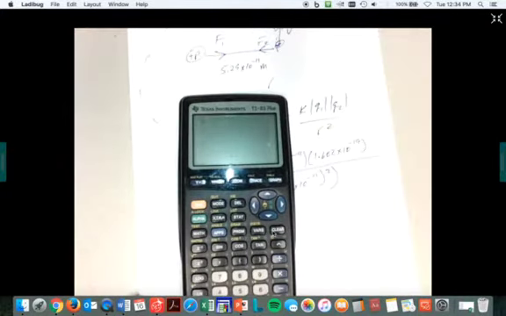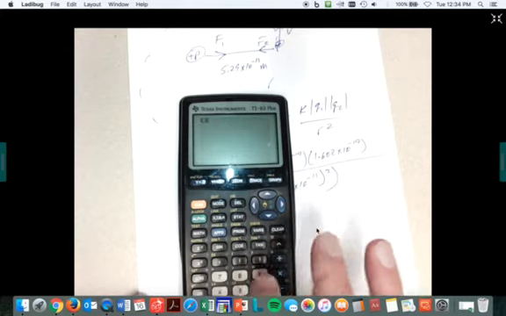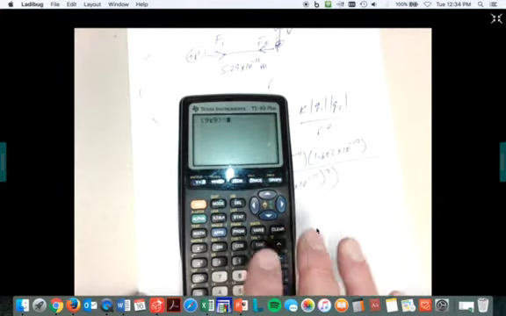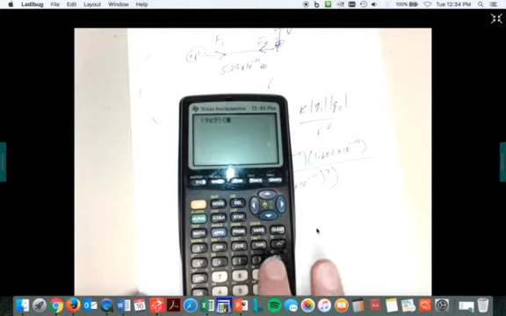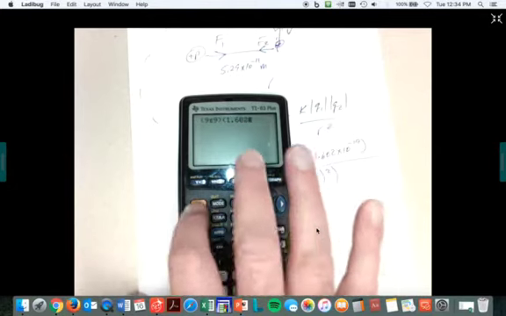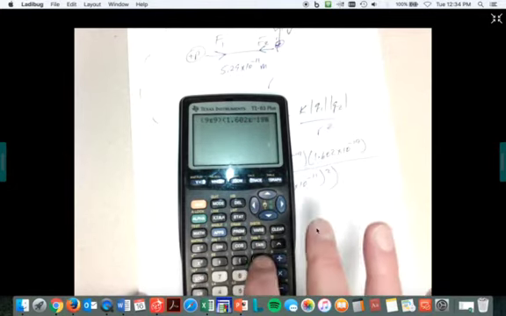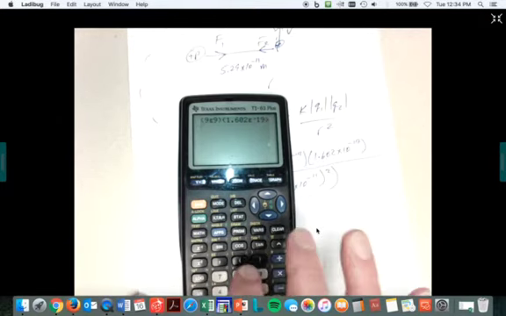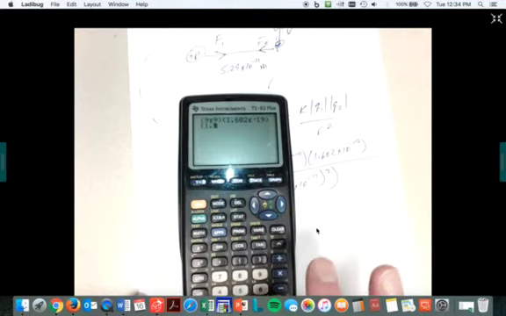So here we go. I'm going to say, all right, we've got 9 EE 9, times 1.602 EE negative 19. Now I could close the parentheses and put a squared there, but I'm not going to do that. I can type it in again: 1.602 EE negative 19.